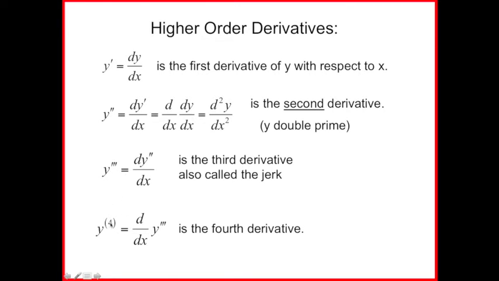After triple prime, instead of the little hash marks, we usually start putting a number that represents the number of times we've taken the derivative, in parentheses. The reason we use the parentheses is because we don't want to mistake this for a power. So this is d dx of y triple prime. We're taking the derivative of y triple prime, so this is the fourth derivative.